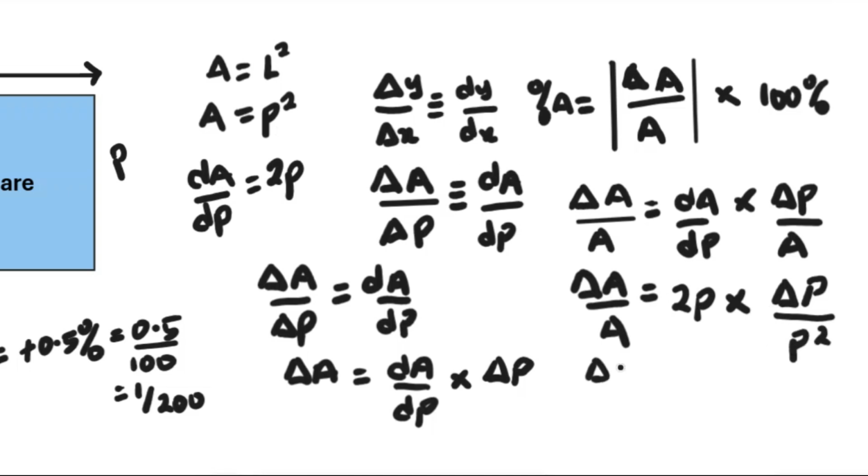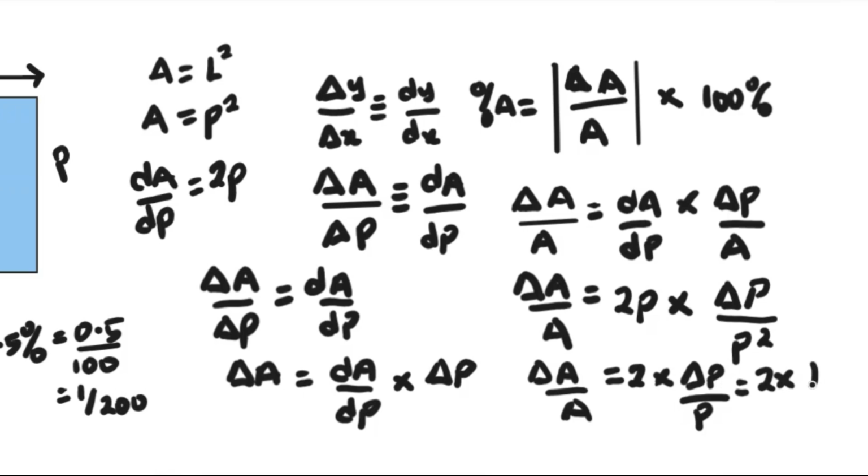So it means that delta A over A will now give us P in P squared will remain P. So we'll now be left with 2 times delta P over P. Now you see that we have been given delta P over P in the question to be 1 divided by 200. So it means that we have 2 times 1 over 200, which will give us our delta A over A.